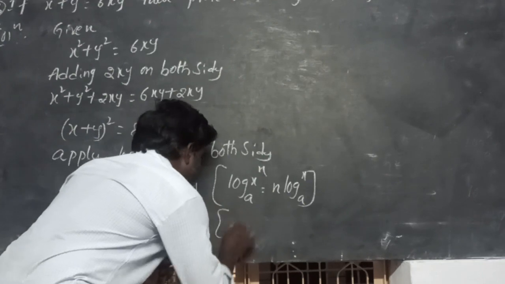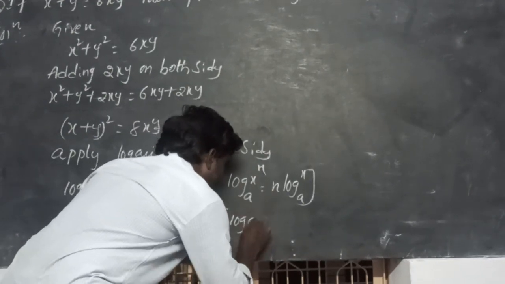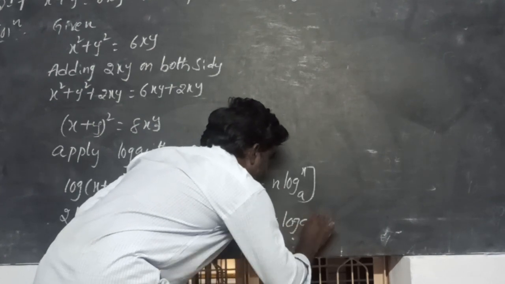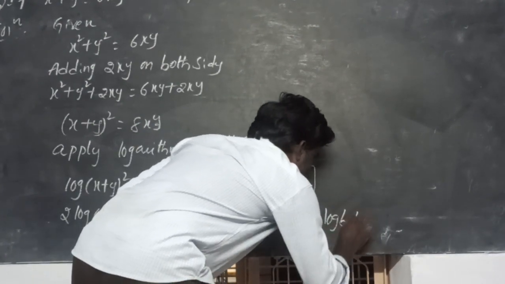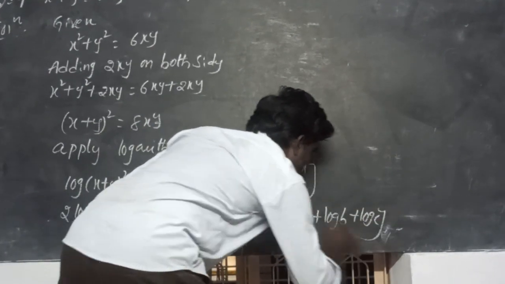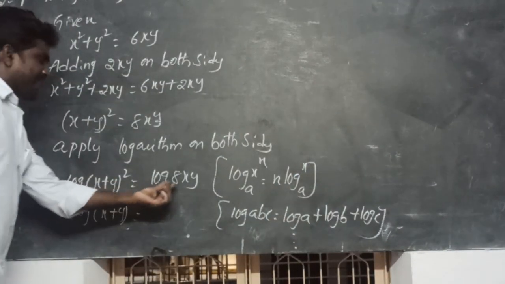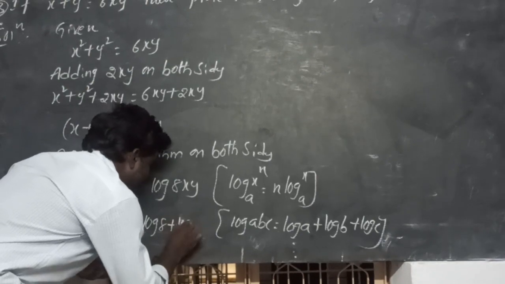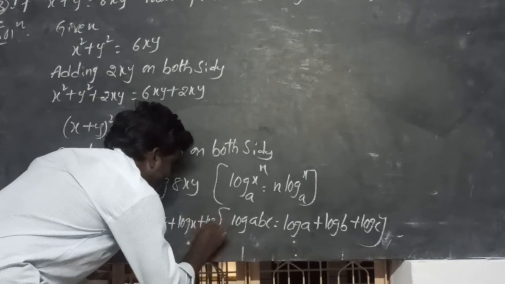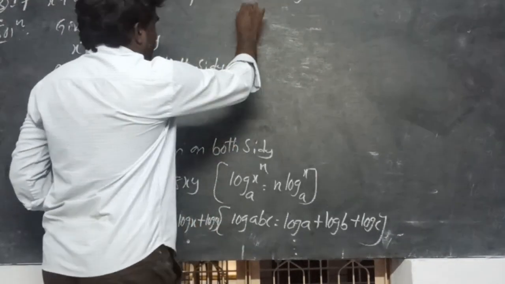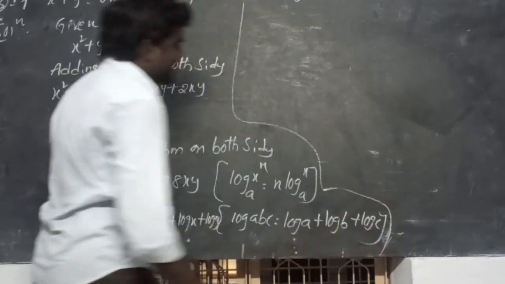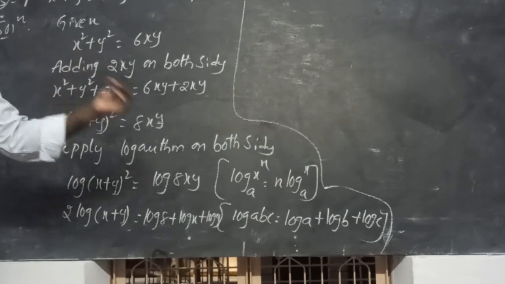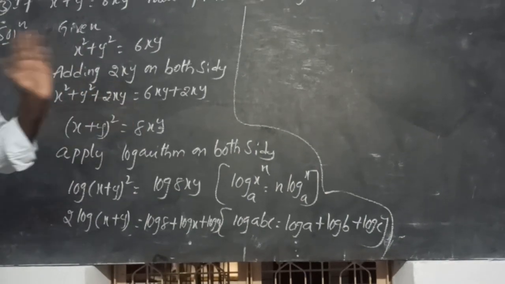Here the formula is log ABC is equal log A plus log B plus log C. Okay, so log 8xy. How we can write? Log 8 plus log x plus log y. 8 how we can write? We can write in prime factors, that is 2 cube. 2 into 2 into 2. 2 2 is 4, 4 2 is 8.